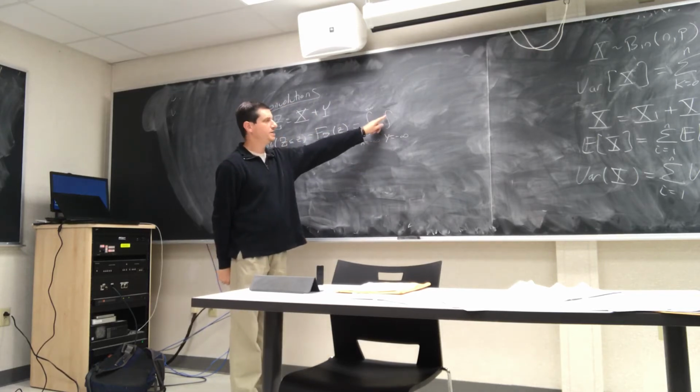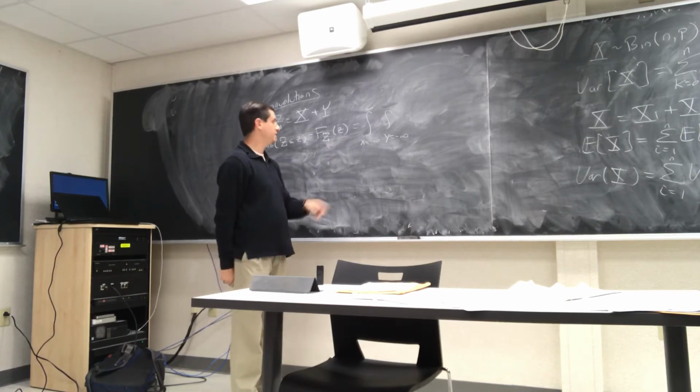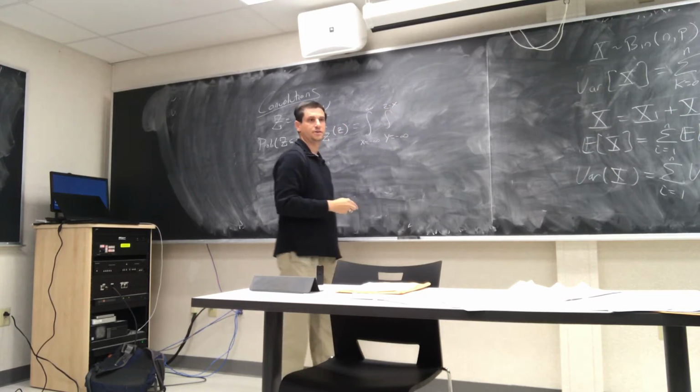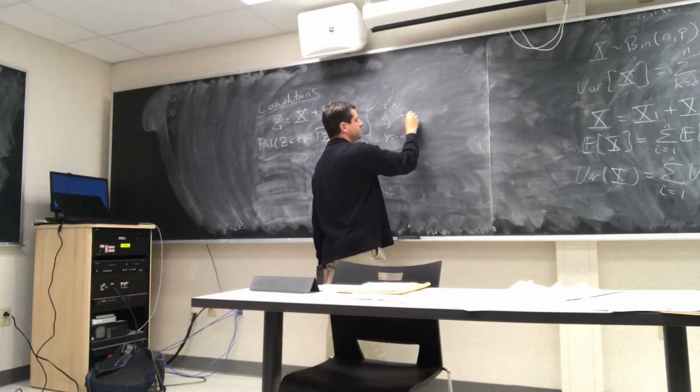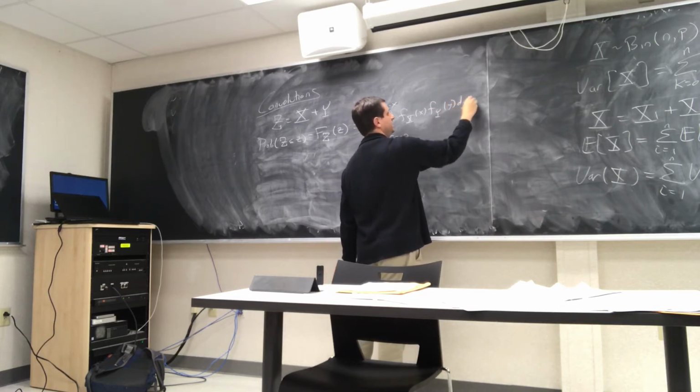So what's the largest y can be if I want x plus y to equal z? z minus x. And so if I want it to be less than or equal to z, y can go all the way up to z minus x. And so I've got the density of x, the density of y, dy dx.